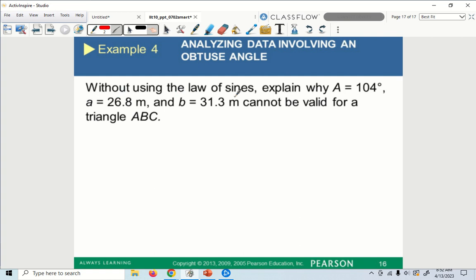So without using the law of sine, explain why A, big A, 104, little a, little b cannot be valid for triangle ABC.